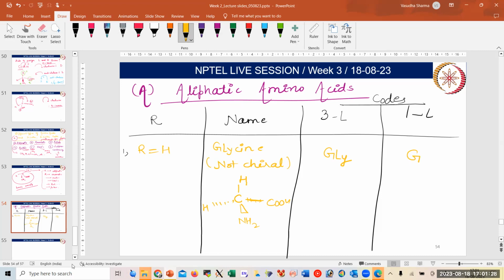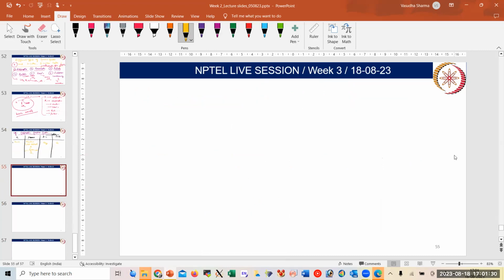I will not be making the table again, so just keep that in mind. If R is equal to CH3, one group is there, that means the structure would be CH3, H, NH2, COOH. Here also if you see 1, 2, 3, this is anticlockwise, so it is the L isomer.